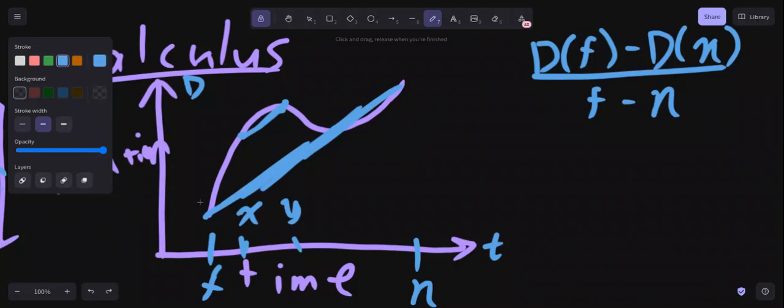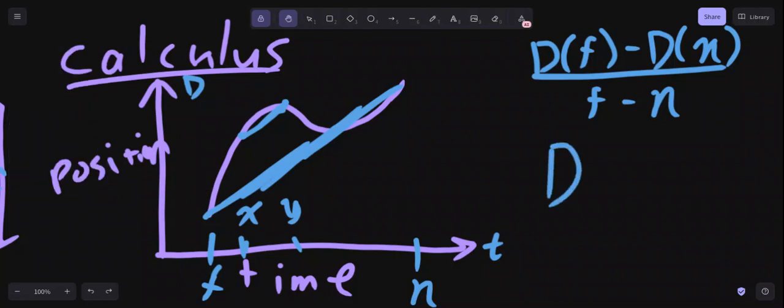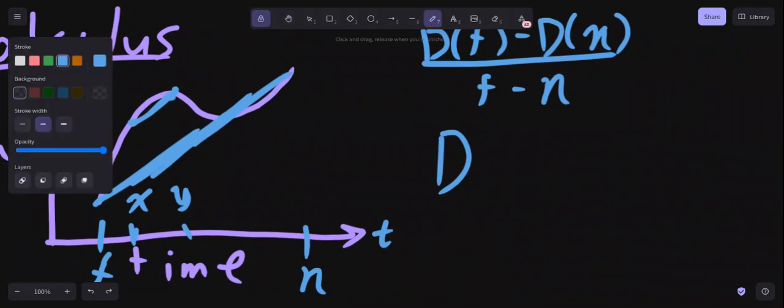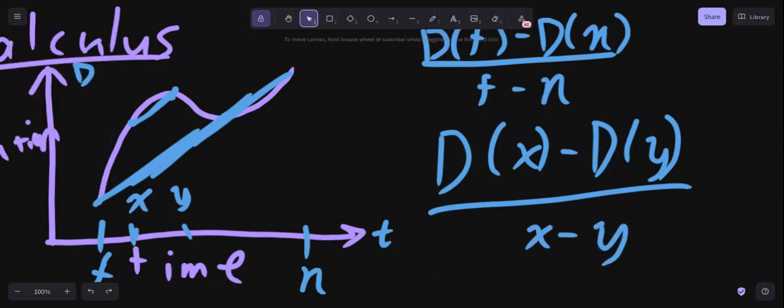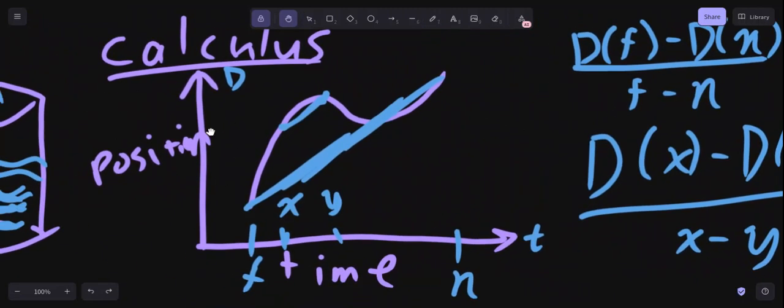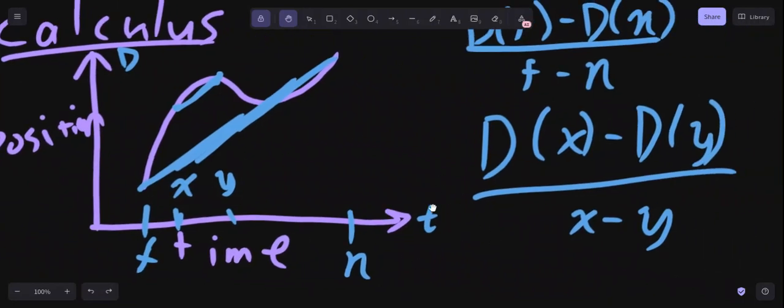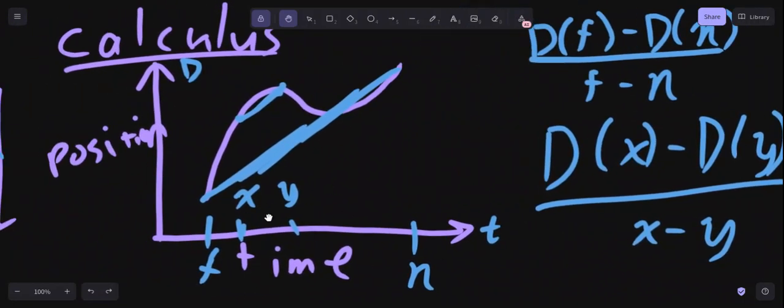Then our average rate of change would just be d of x minus d of y, over x minus y. I can do that because my vertical axis is d, not y, and I have t here, not x, so it's completely valid to name the points that way.